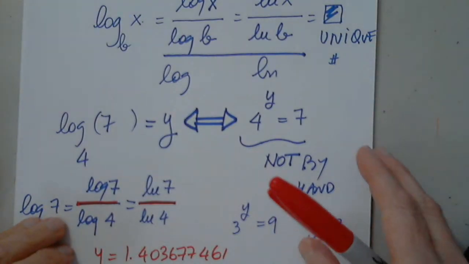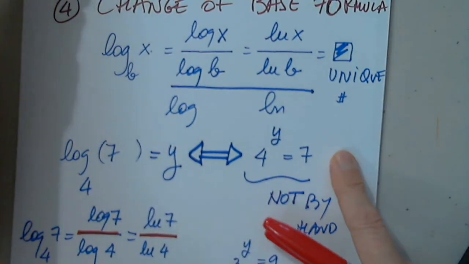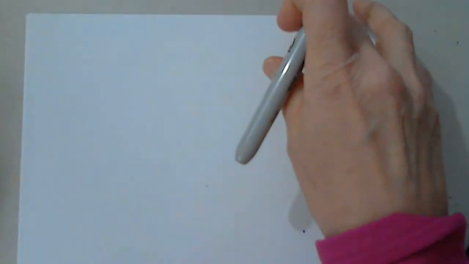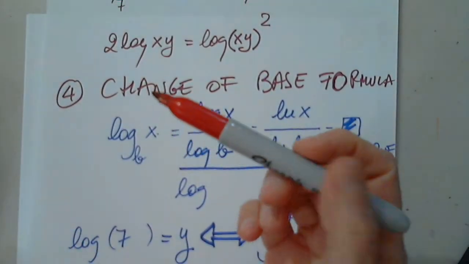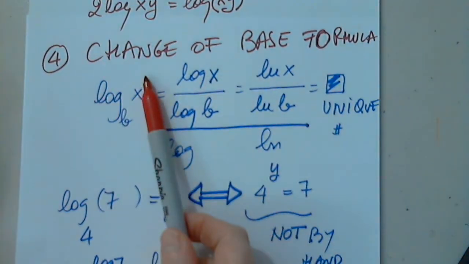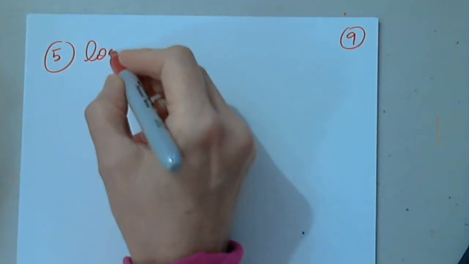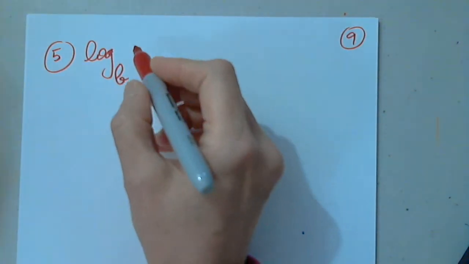Moving on to some other properties, and then we'll choose examples. I'm on page 9. So we had the product, the ratio, the power, the change of base formula, and now number 5: log base b of 1.